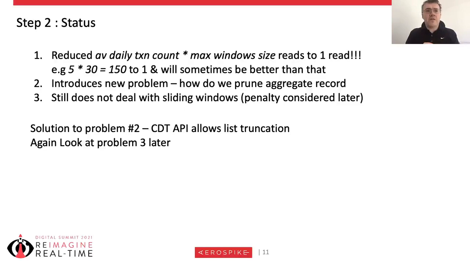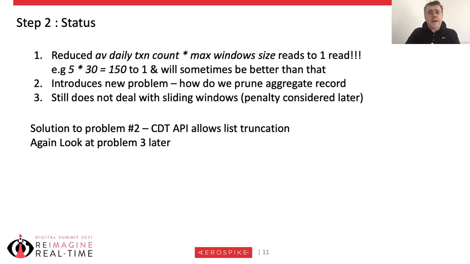One obvious-ish point to think about is that I'm adding records to my master record on a daily basis, and that means that record will be growing in size to a potentially unchecked extent, and it's not the case that a single record can grow in size forever. Within Aerospike there is an upper limit to a single record. It can be up to 8 megabytes, but nevertheless there is an upper limit, so we need to do something about that.